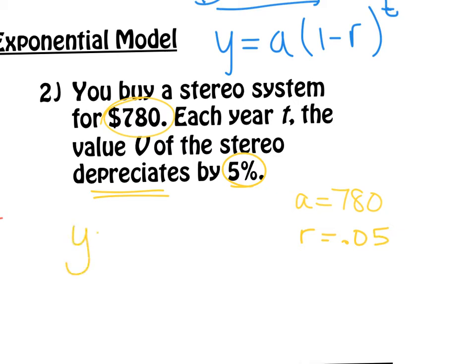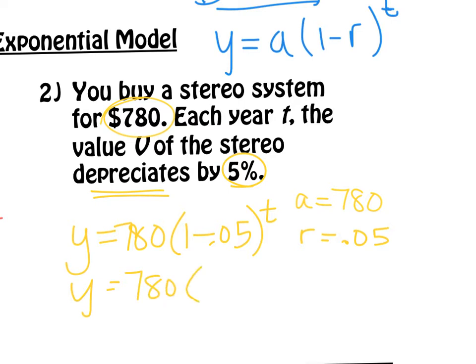And we plug it in. 780 times 1 minus 0.05 to the t. And the only thing would be to make this say 0.95 to the t. Okay, and showing you that this is less than 1. That's how you know it's decay.